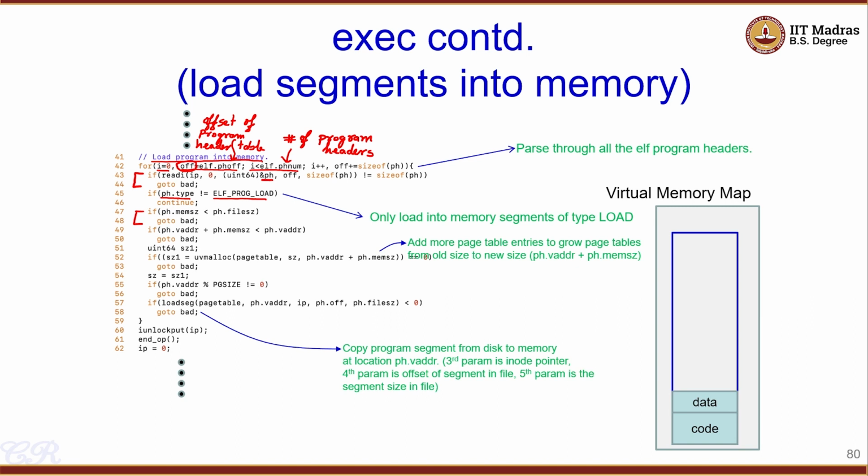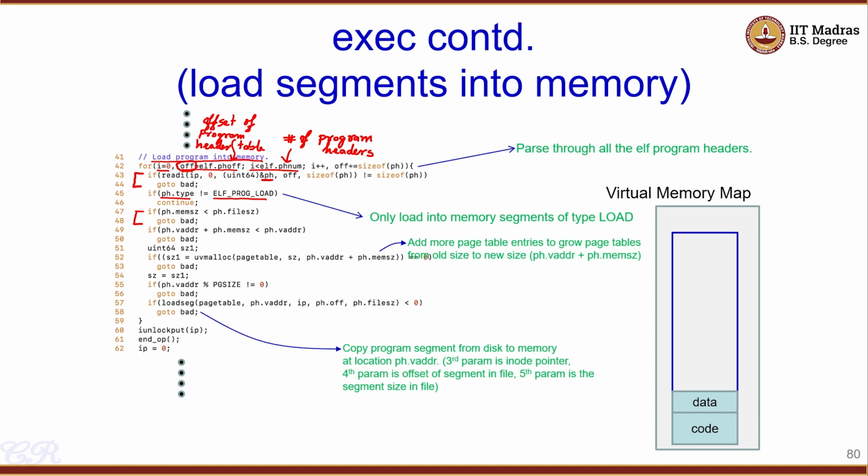This is just a sanity check to identify that the memory size should always be greater than or equal to the file size. If the memory size is less than the file size, then there is a violation and you essentially terminate, right, or go to bad, which essentially does not load the program, right, it comes out or returns unsuccessfully.